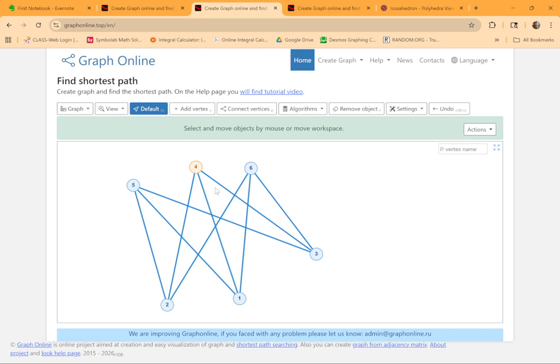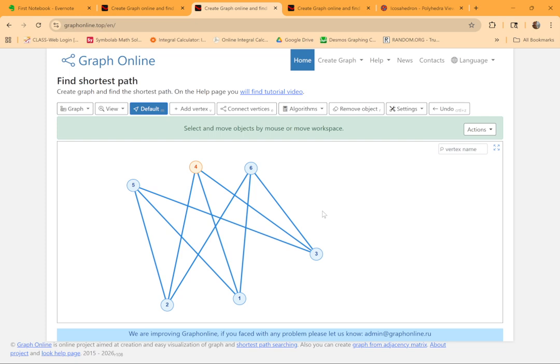Now, complete in the sense that each of vertices 1, 2, 3 has an edge going to the other 3, 4, 5, 6. 1 goes to 4, 5, 6, 2 goes to 4, 5, 6. Hence my bipartite, where we have 2 sets: the set 1, 2, 3, and the set 4, 5, 6, and there are no edges between the ones within each set.